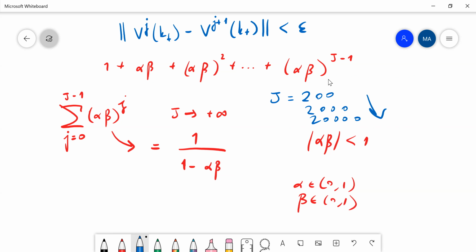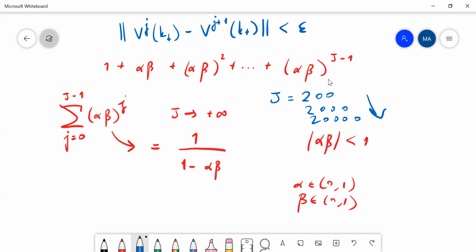After a couple of iterations, the difference gets very, very small. Okay? So in like 5 or 10 iterations, it will get very, very small. So you can actually find the value function. And once you get the correct value function, of course, your policy function is also approximately correct. Okay?